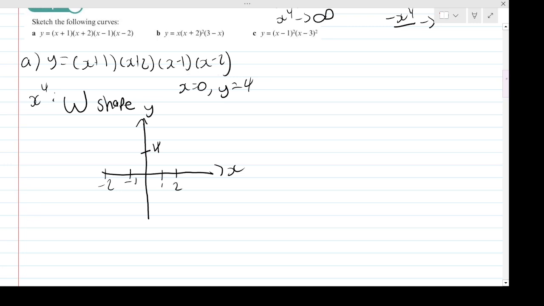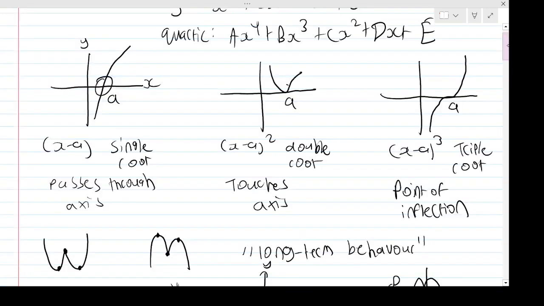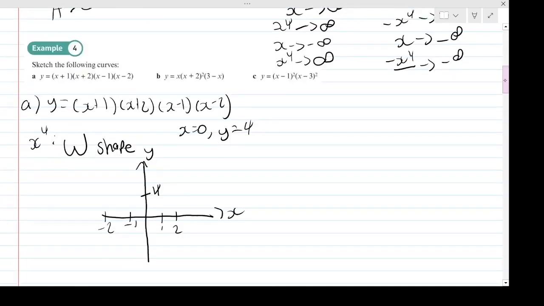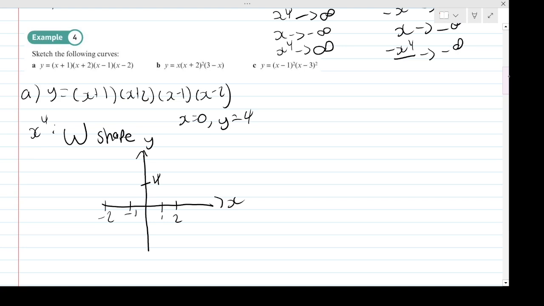And then we need to study what type of roots we have by looking at the power, or how many of each bracket we've got, and then we're going to use these three cases that we talked about. So let's have a look at our roots. Are any of them repeated? Actually, no, they're all singular. They're brackets that appear once.